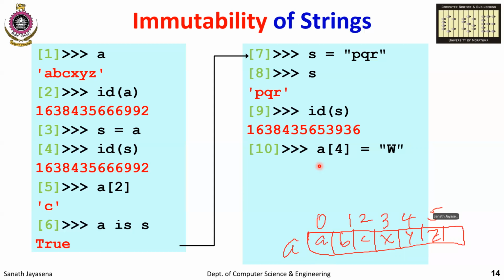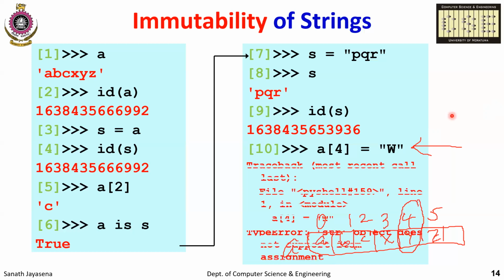Here we are talking about this particular value at the fourth index, currently Y. We are trying to see whether we can replace Y by W, to see whether we can actually change the string.